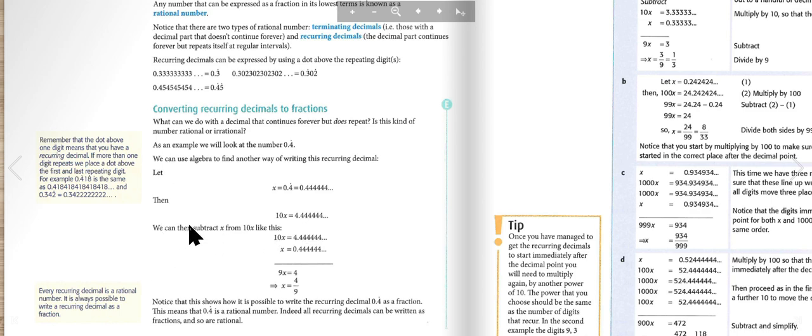We can then subtract x from 10x like this, which gives us 9x equals 4, and x equals 4/9, because you divide both sides by 9. Notice that this shows how it is possible to write the recurring decimal 0.4 with a dot over it as a fraction. This means that 0.4 recurring is a rational number. Indeed, all recurring decimals can be written as fractions, and so are rational.